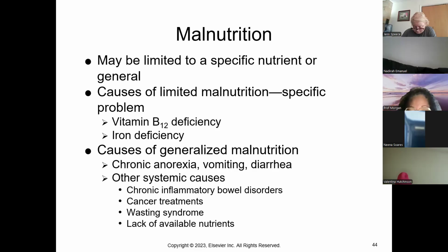And you'll see this in some kids because they have diseases that cause this. One of them is the short bowel or the dumping syndrome. When someone has malnutrition, they're going to suffer with fatigue, reduced resistance to infections, and impaired healing.